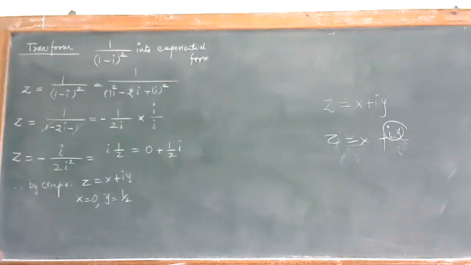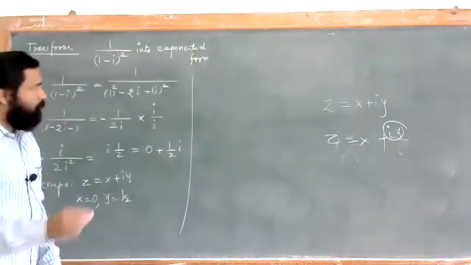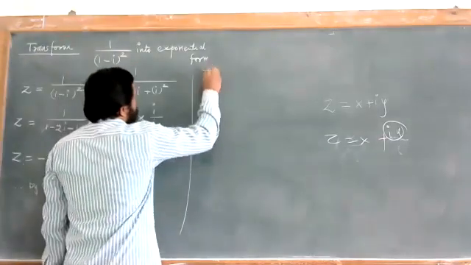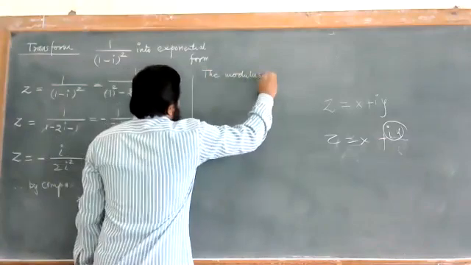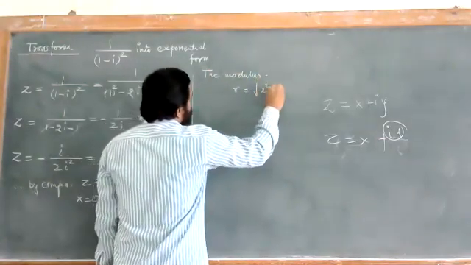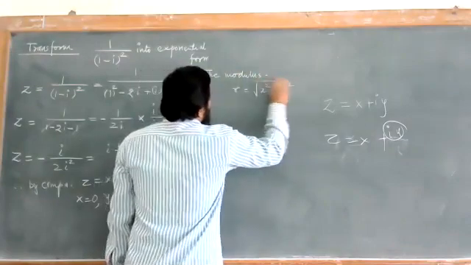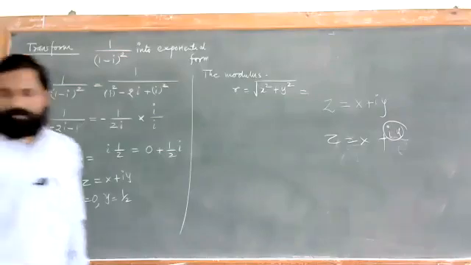And so what we have to find out? Now we have to find out the two things. First one, the modulus. The modulus is r is equal to square root of x square plus y square. And just put the values here and you can find out the conditions.